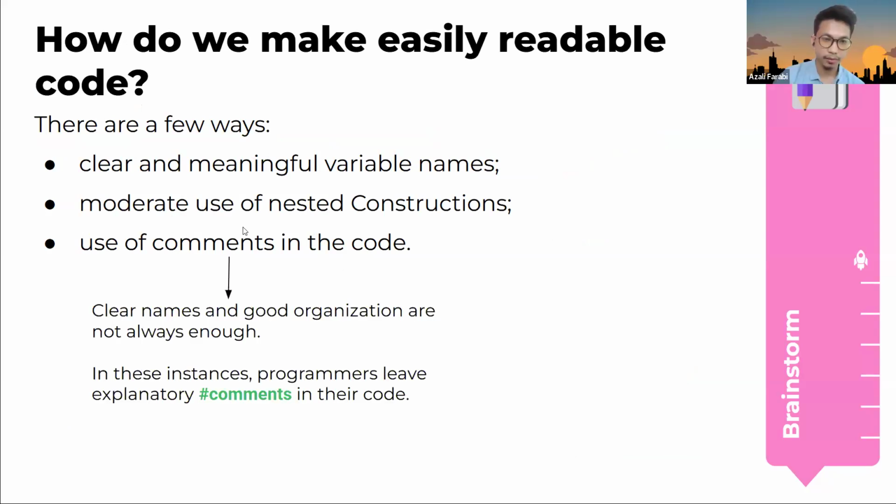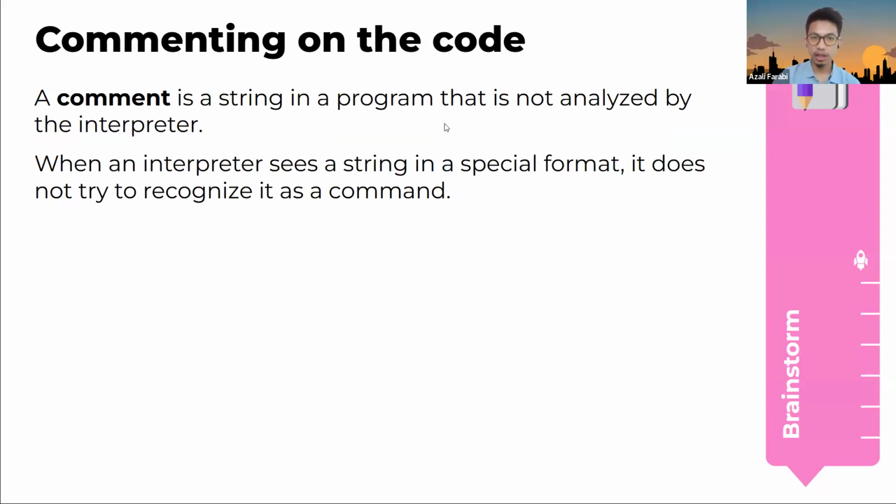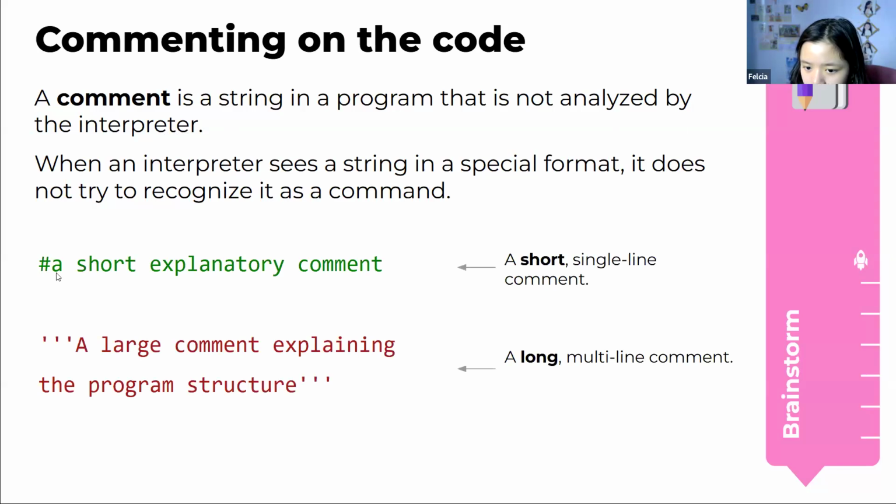Now what are comments? A comment is a string in your program that is not analyzed by your interpreter. Maybe you have seen me add a hashtag in a line of my code.